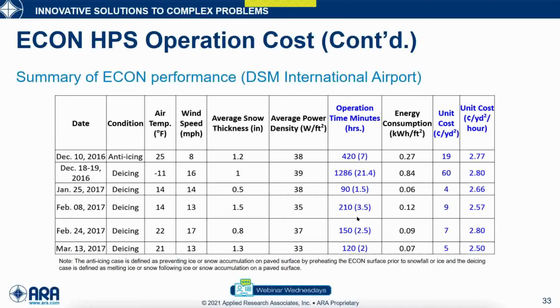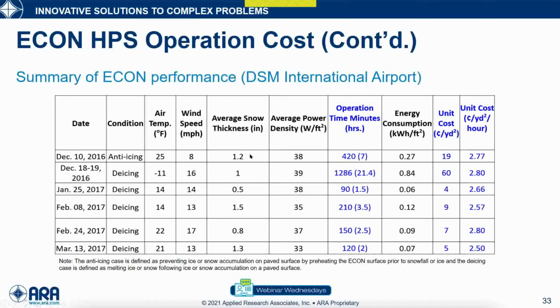We had many snow events at Iowa State, and we documented all of them, and this is just a few of the snow events that we had, to understand at which temperatures we can use the system. We were able to melt snow and ice at all of these temperatures, for example, 25 below freezing point, even -11 Fahrenheit. So the system was very efficient in melting ice and snow with different air temperatures and wind speeds.